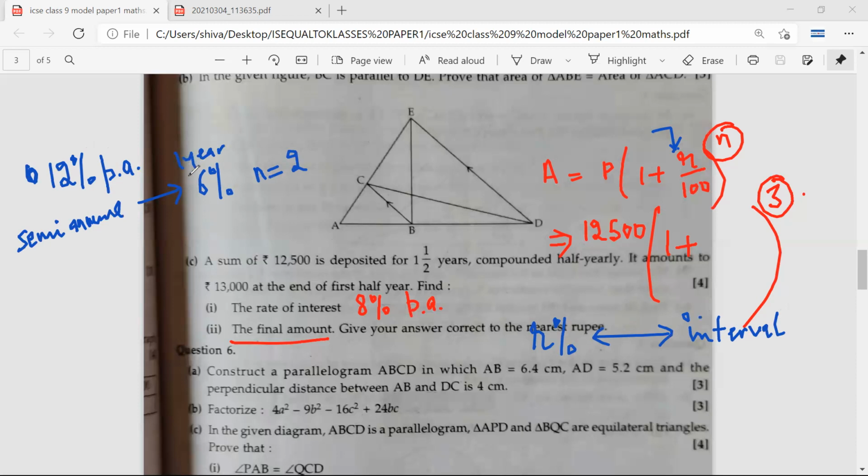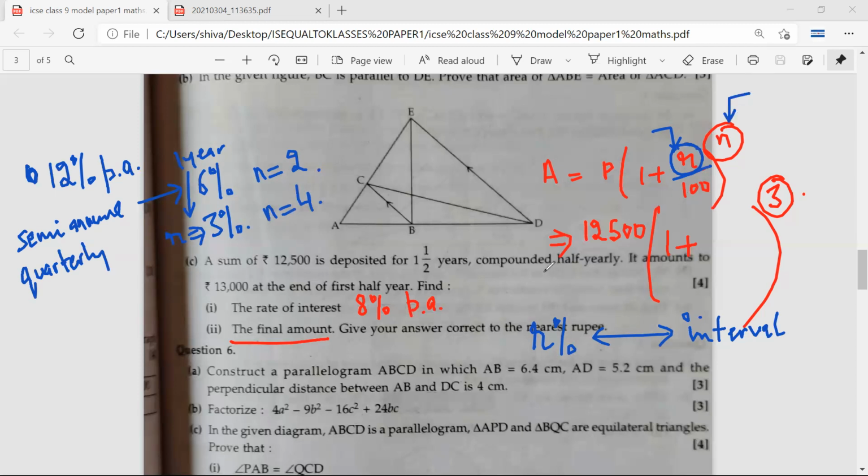If I'm again taking 1 year and the compounding is done quarterly, then my rate of interest would be 3% and n would be equal to 4. Any doubt about this? No, sir. Basically, this compounding rate of interest and this interval should match.